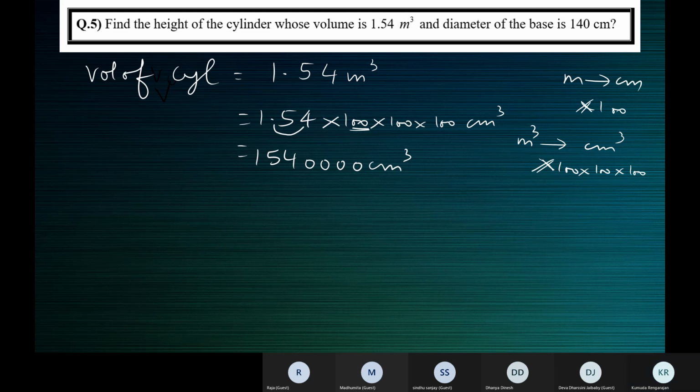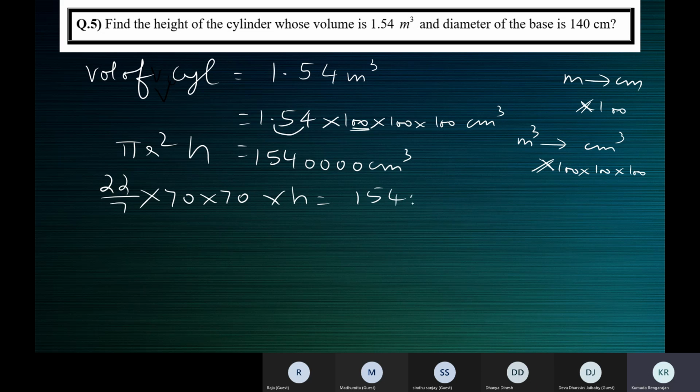Now pi r square h is equal to this value. So 22 by 7 into r square, 70 into 70, correct? Because diameter is 140. So radius is 70, into h is equal to 154 followed by zeros.